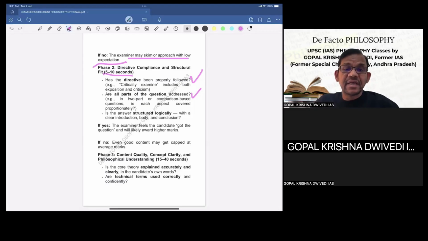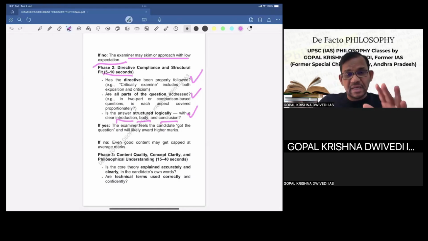Now, is the answer structured logically with a clear introduction, body, and conclusion? This is important particularly for long answers, suppose 300 words or 250 words or 200 words. For 150 words, sometimes an introduction may not be required because you directly have to start on the question, but in the longer questions, you have to.